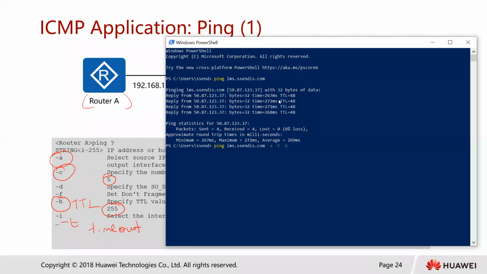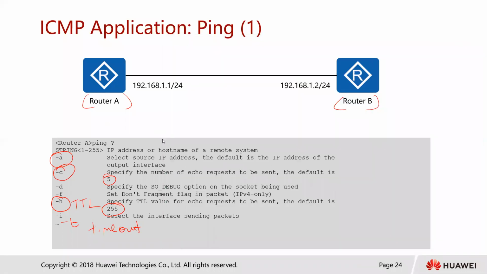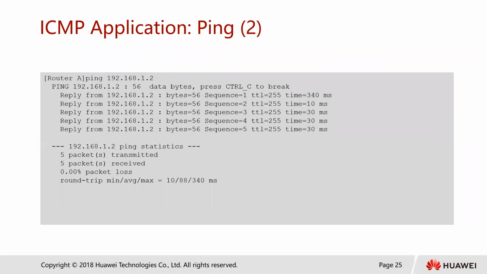You specify those different parameters in case you want to play with your ping request. But most of those things will make a lot of sense when we start playing with our simulation environments.